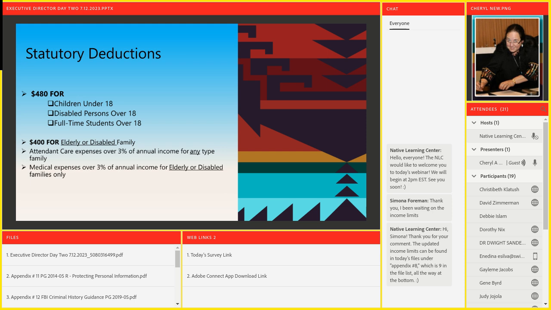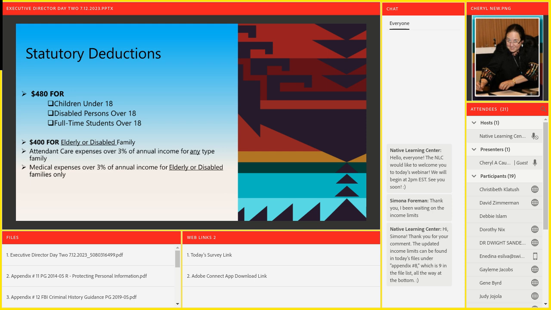If you are the co-head, the sole occupant, or the head of household, and you go to school, you don't get that deduction. So there's a $400 deduction for an elderly or a disabled family. A deduction for attendant care expenses over 3% of annual income for any type of a family. Okay, so attendant care goes to anyone.